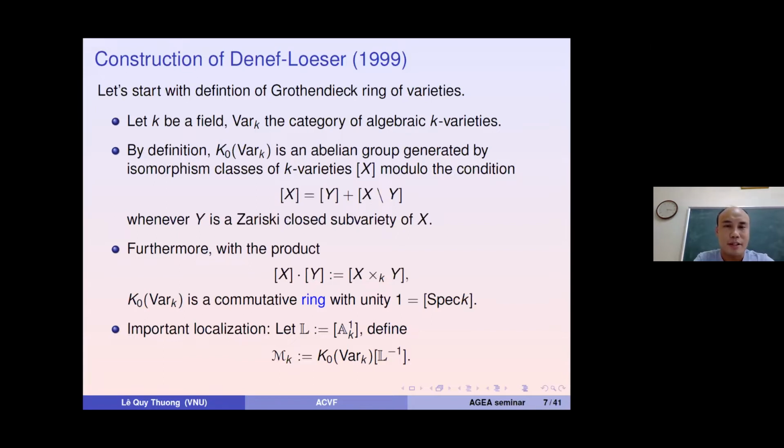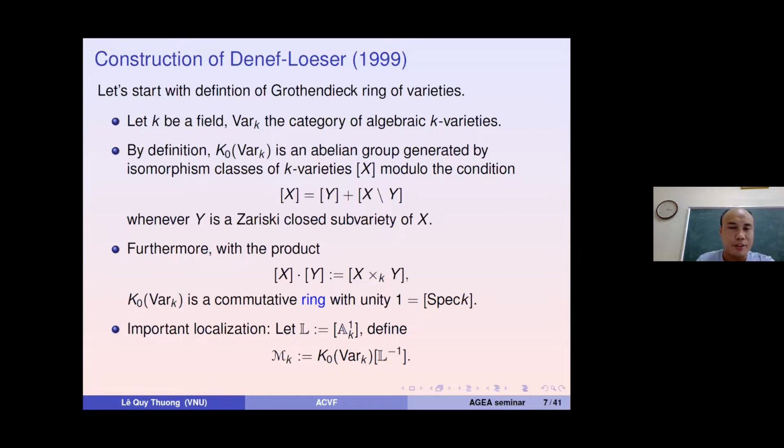The Grothendieck ring of varieties is the abelian group generated by isomorphism classes of K-varieties, modulo the relation that the class of X is equal to the class of Y plus the class of the complement of Y in X, where Y is a closed subvariety of X.